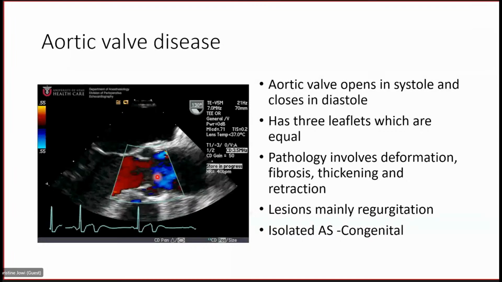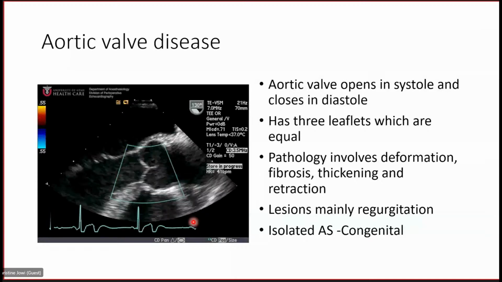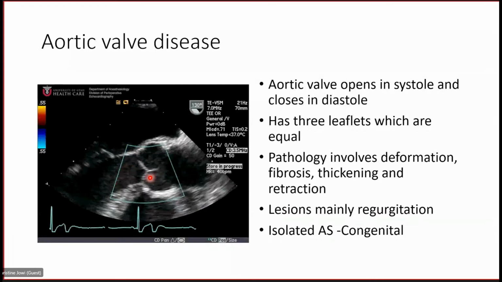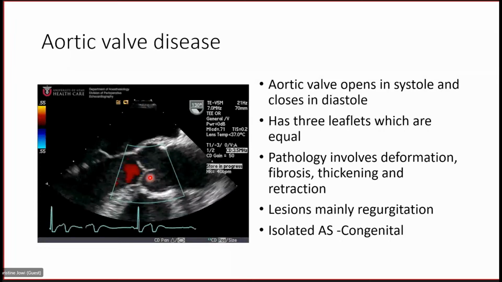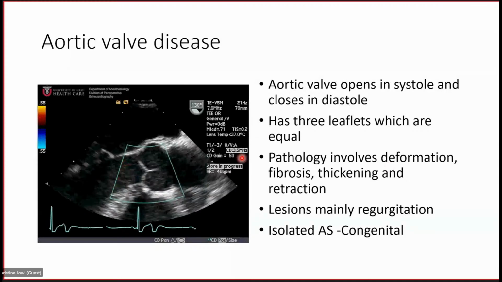The mitral valve opened in diastole and it closed in systole. The aortic valve opens in systole and it closes in diastole. Don't confuse them. So the aortic valve has three leaflets which are equal.